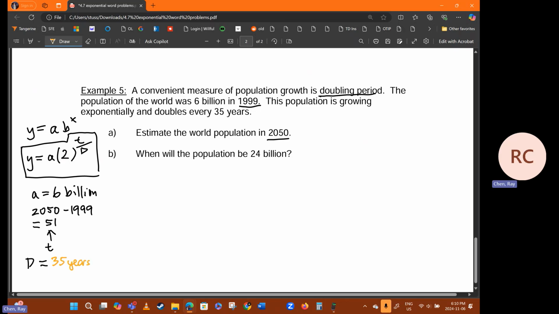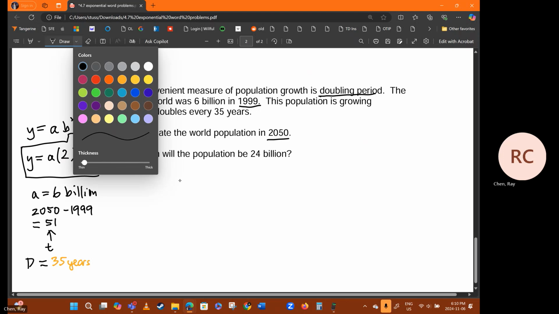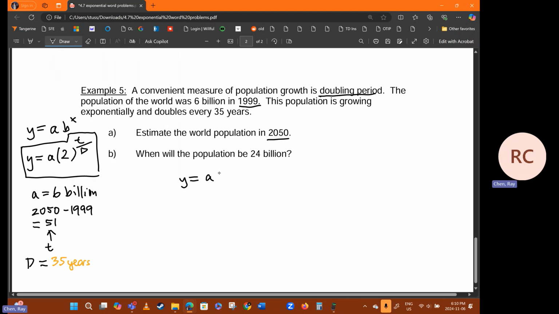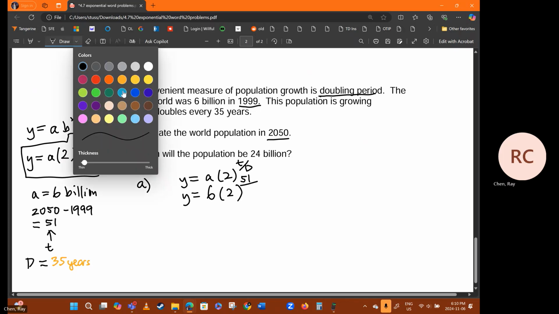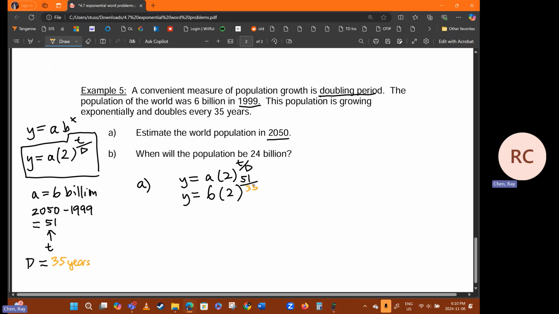So when we plug this information into our formula, y is equal to a times 2 to the t divided by d, we'll get y is equal to, for this is question A, by the way, 6 billion, that's a 6, times 2 to the 51 divided by 35. Pause the video if you want to try it yourself.